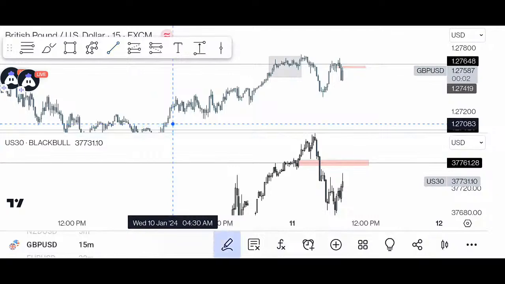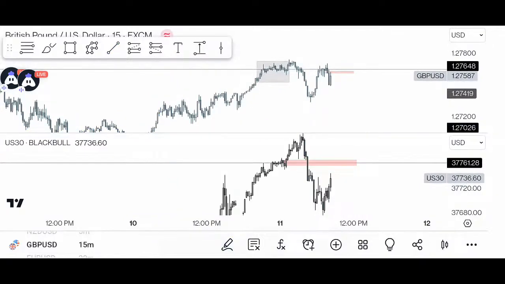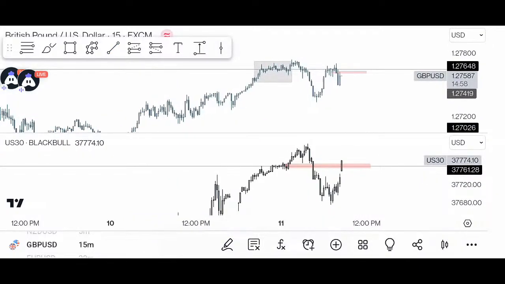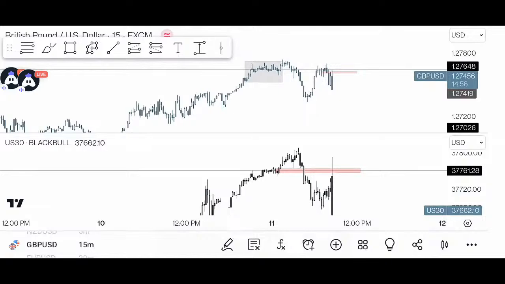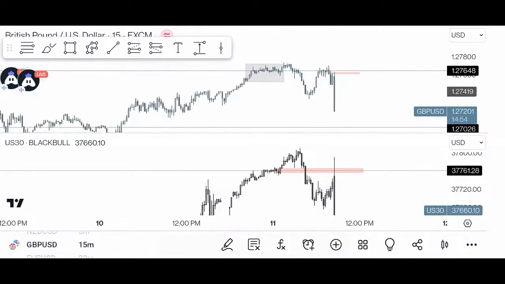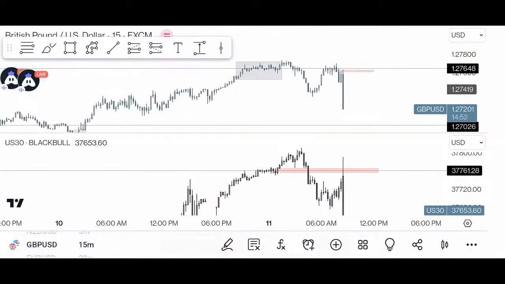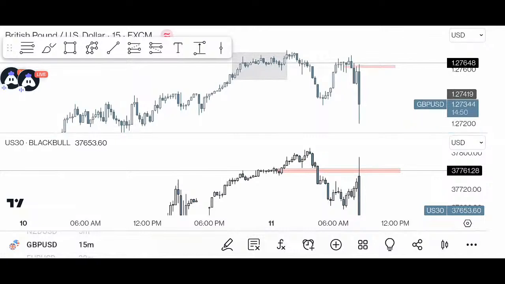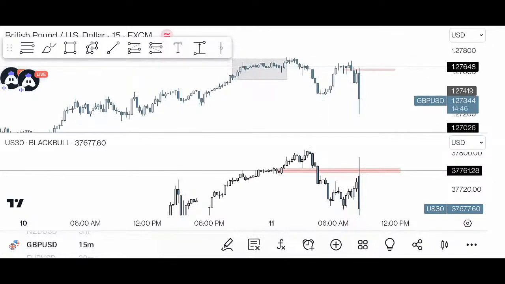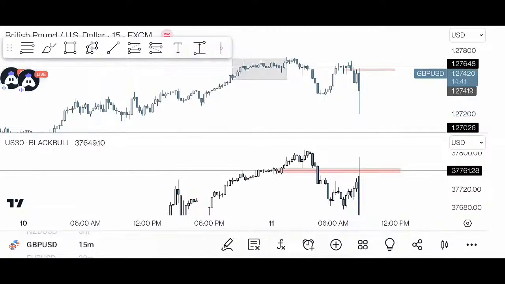Okay, so I have already drawn a line there. Also on the US30 the price was expected to drop. Okay, so there is your CPI report, and you can see the price got rejected from there. And where will it go? It will test that New York midnight. That area has to be tested.